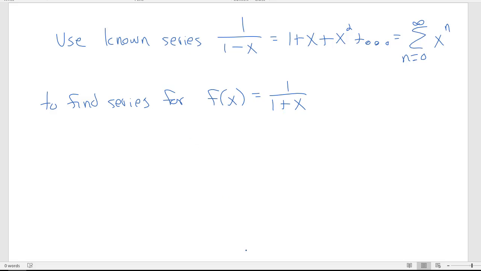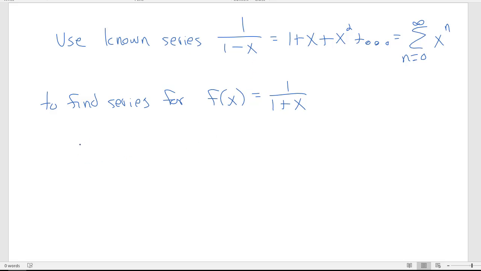All right, so initially, the way that we're going to approach this is we're going to algebraically manipulate my known series. And what I mean by that is the following. I don't want to focus on the fact that this is the letter x.